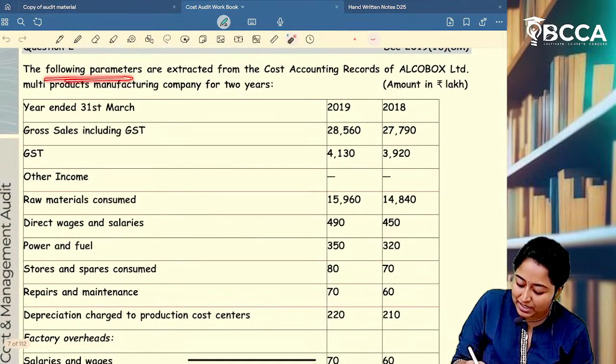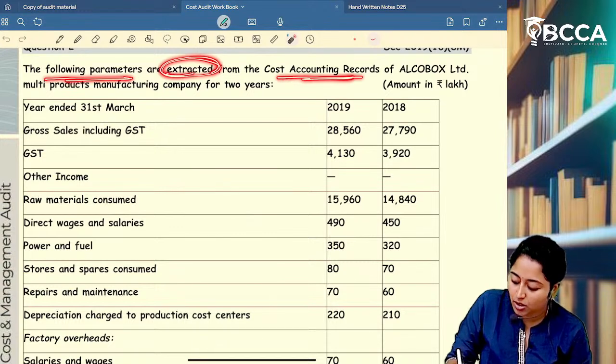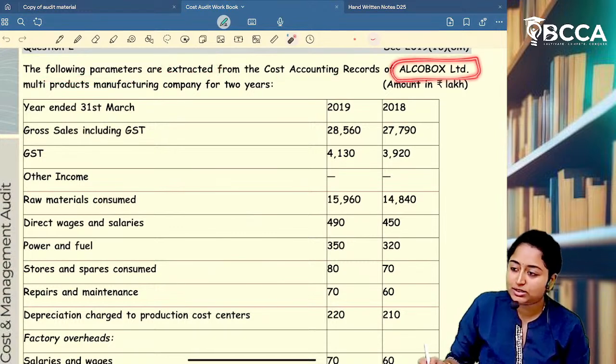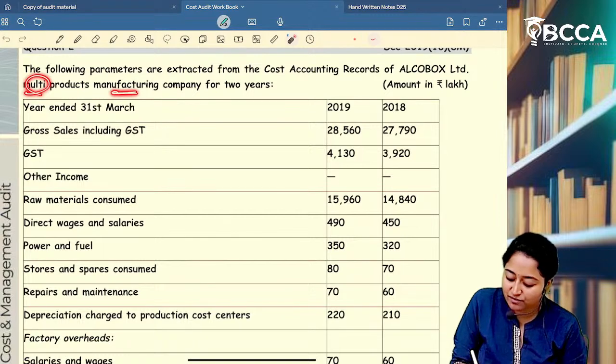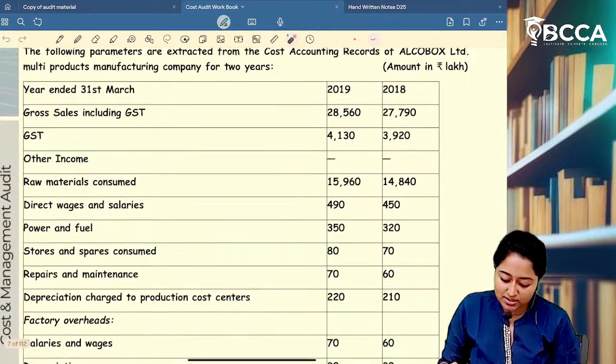The following parameters are extracted from the cost accounting records of Alcobox Limited, a multi-product manufacturing company, for 2 years.